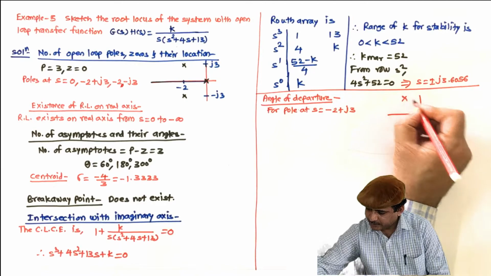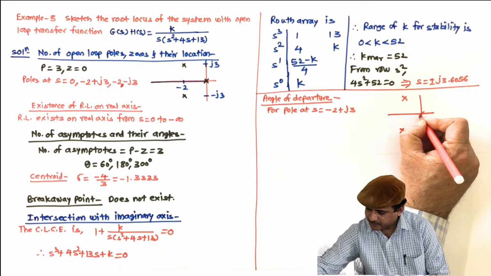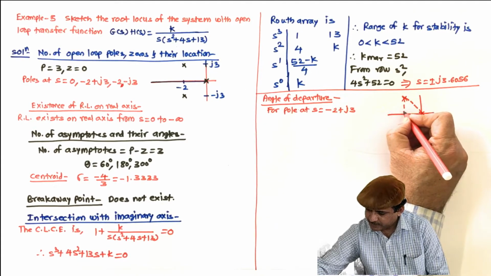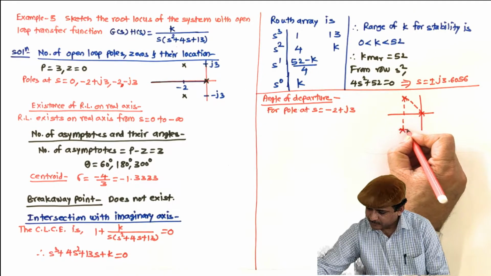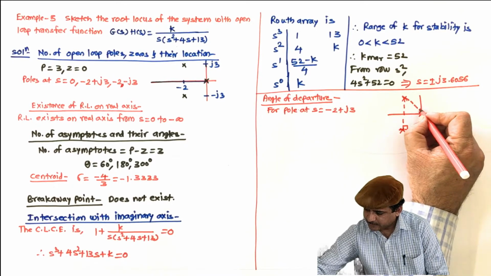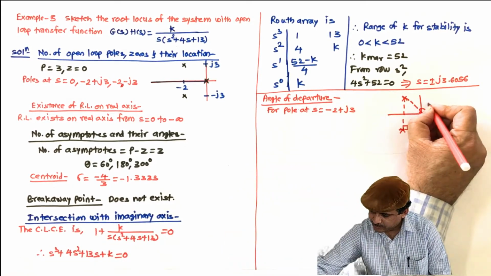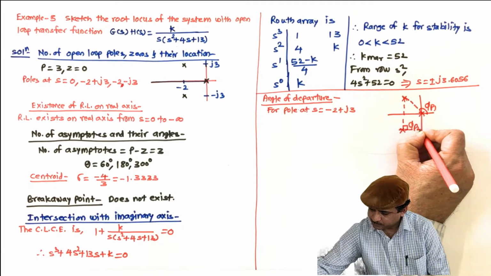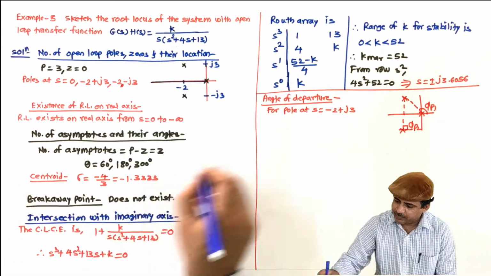We have a pole here, second one here, and third one here. So first will be this angle, and second will be this angle. We have to make angles. Let this be phi p1, and this is phi p2. So how to find phi p1?